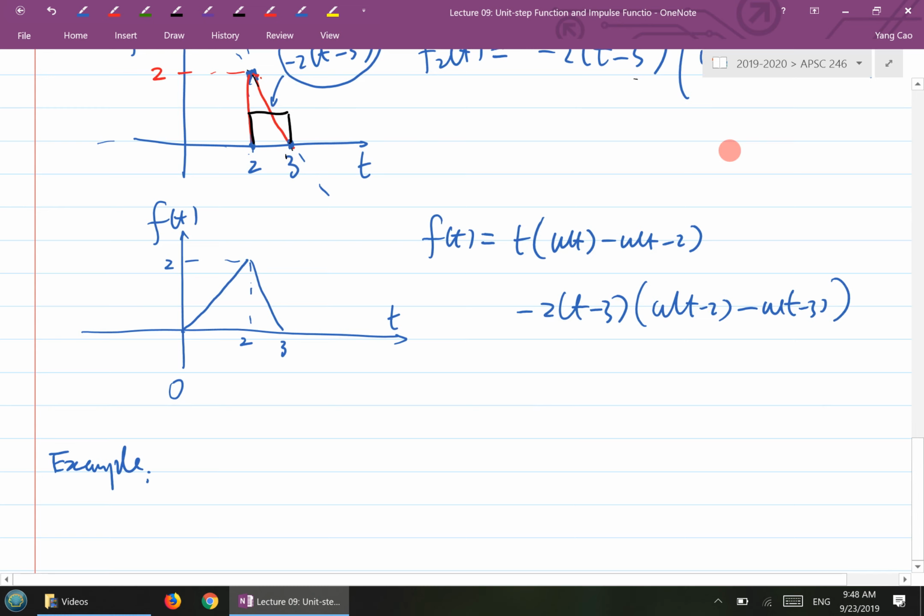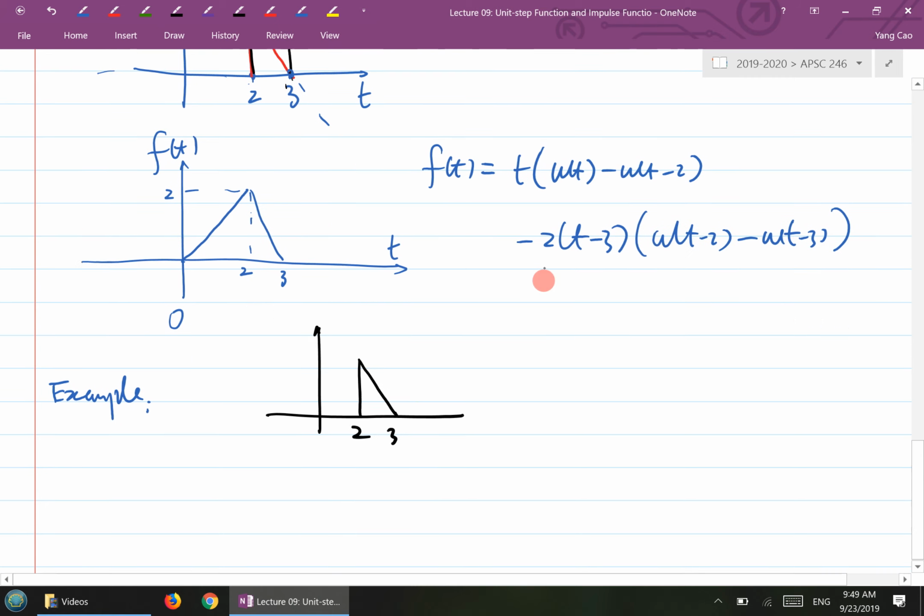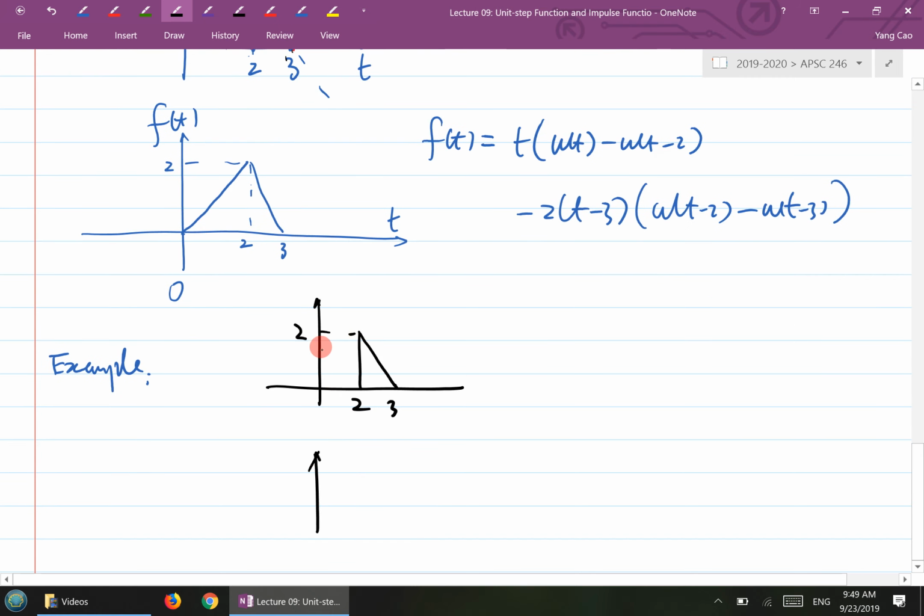If you still feel a little confused, I would suggest that you graph these two separately. So you have these two graphs. My question here is, can you multiply this graph and this graph together?